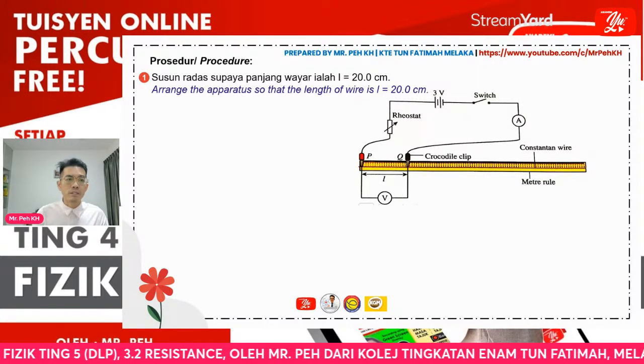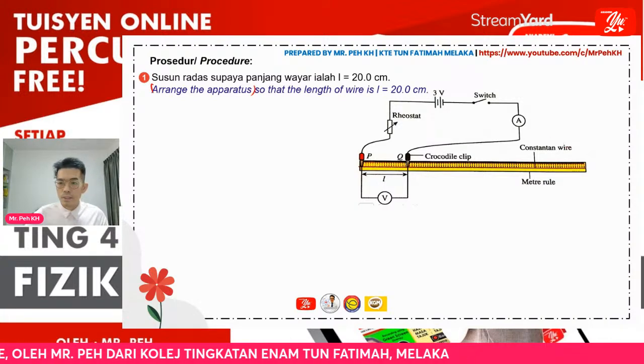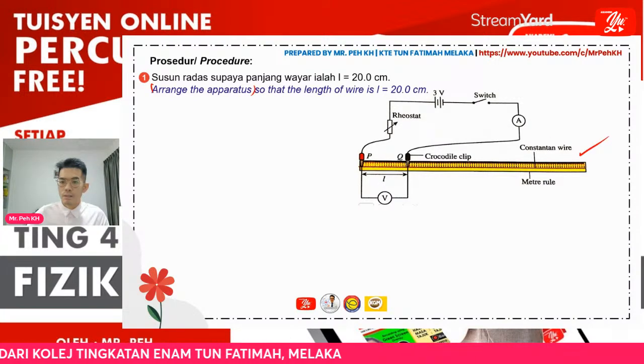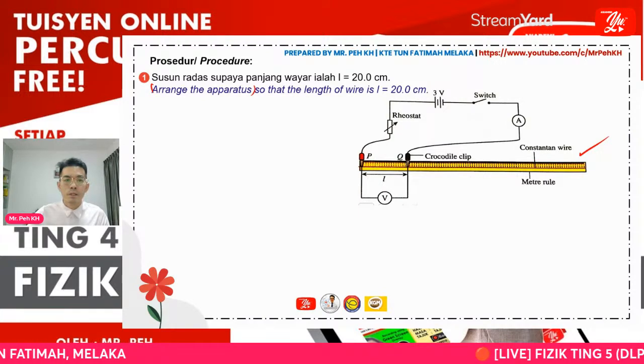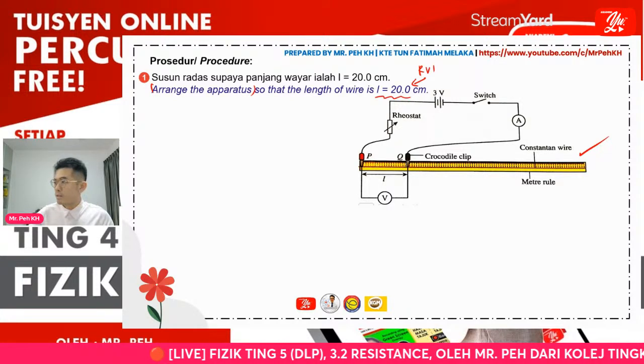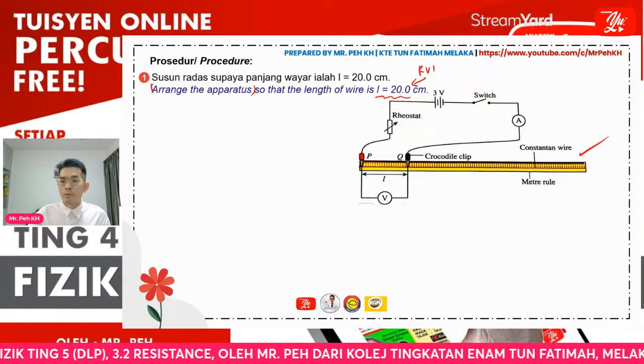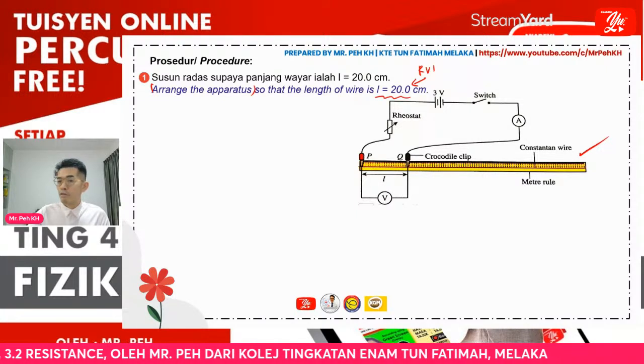First, arrange the apparatus and draw the apparatus arrangement like this. You may get the first mark. Then you must state your first RV so that you can get your second mark. The procedure for tugasan amali tidak berbantu normally is worth about 4 marks.